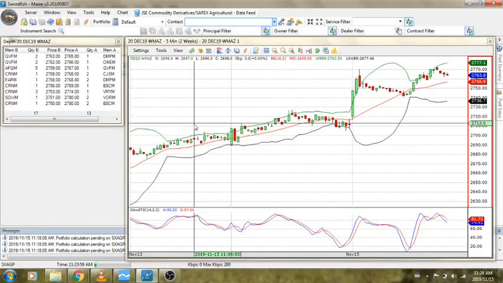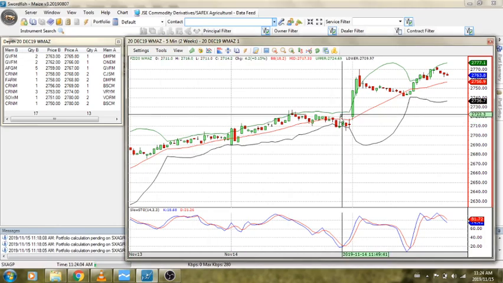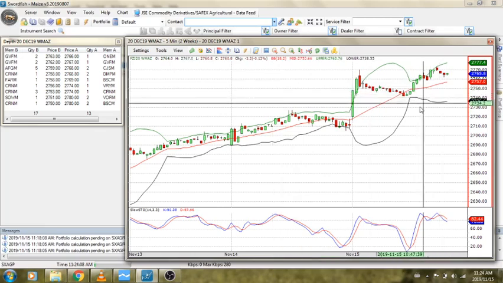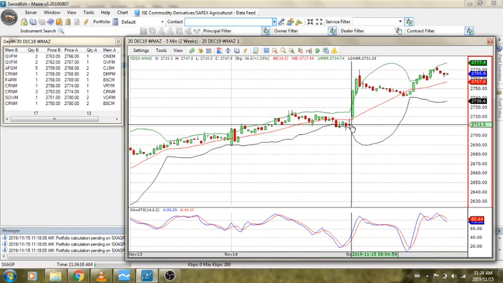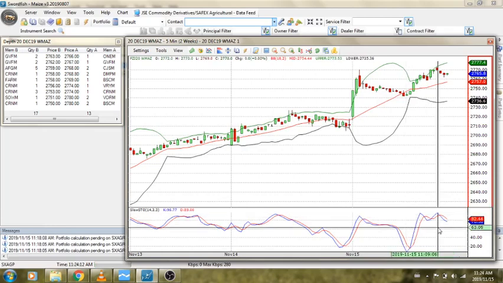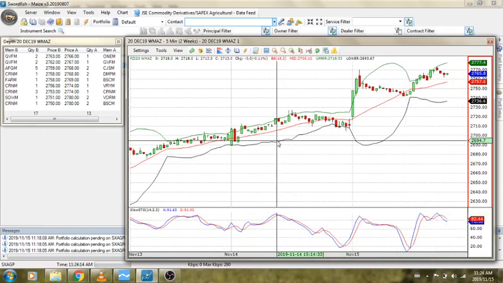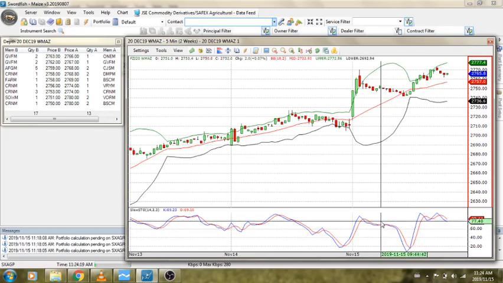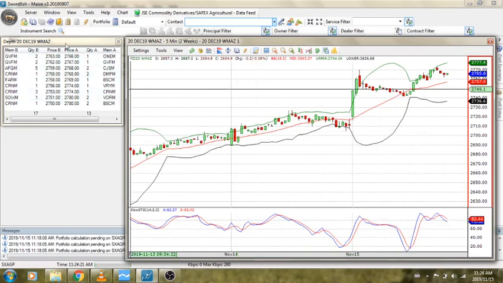On the maize markets, which I also trade on an intraday basis, I love the 5-minute charts for intraday trading. It's 11:24 now on Friday, but this morning the stochastic actually worked very nicely on the 5 minutes, also just using the price action to confirm your ideas and your thoughts about the market.